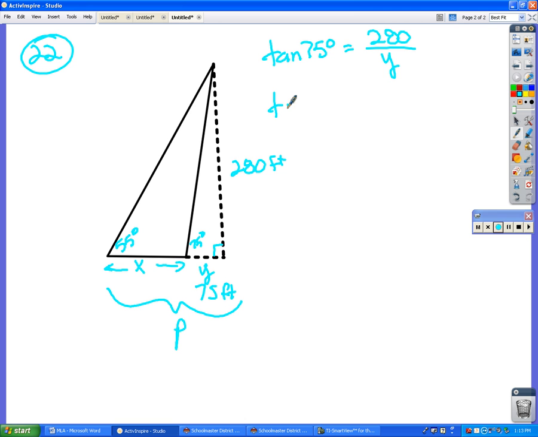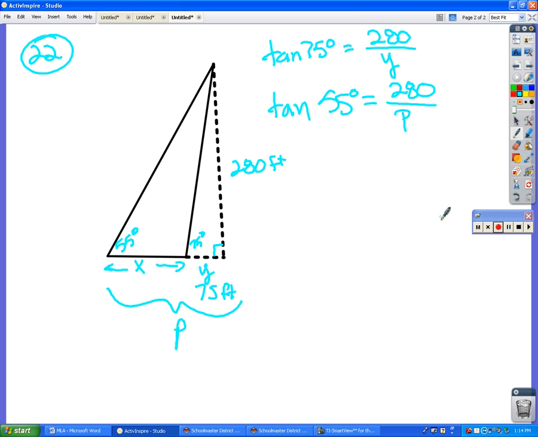Now I'm using the big right triangle. So tangent of 55 degrees equals the length of the side that's opposite the 55 degree angle, which would be this 280, divided by the length of the adjacent side, which is P. Same thing to solve this: 280 divided by the tangent of 55.